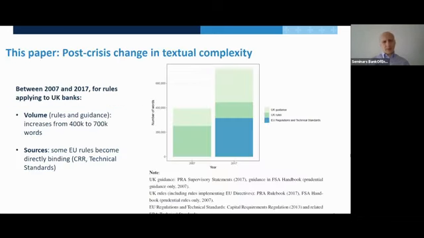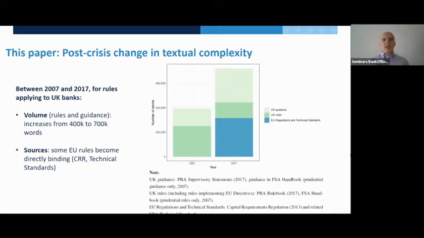In this paper, I'm going to talk about post-crisis change in textual complexity. As I mentioned previously, originally complexity of regulation was measured mostly just by the length. That is something that we did here as well.